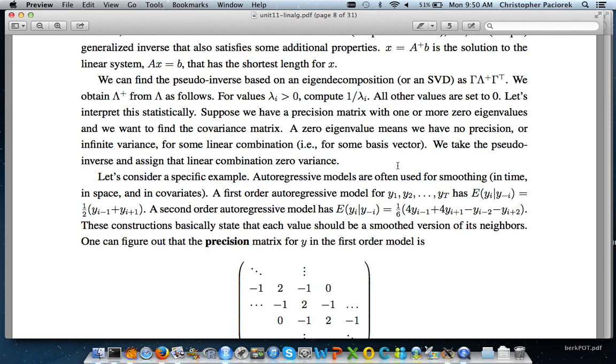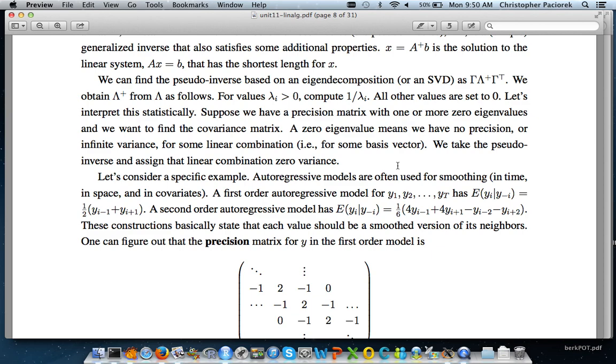And ideally what I would like to do is this, and that would correspond to having 1 over lambda i, so these are the eigenvalues of A inverse, being equal to infinity.